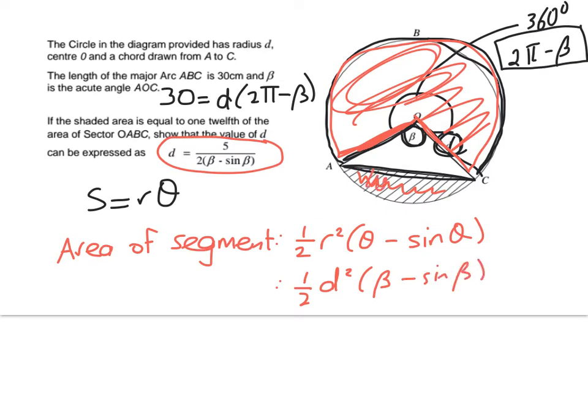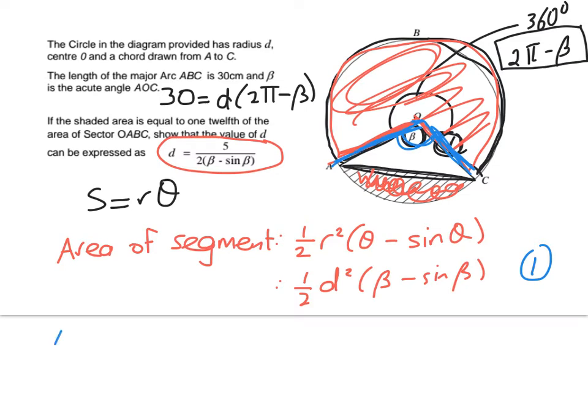So notice that I'm working with this segment here, which is being formed by that angle there. So that's why I'm using beta, not 2 pi minus beta or anything weird. So that's that one. We'll call that area 1.